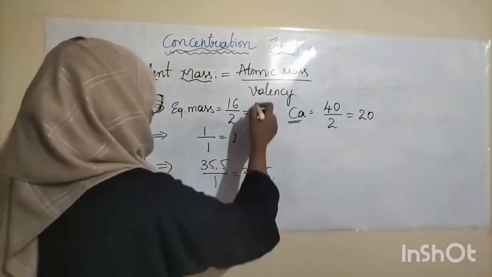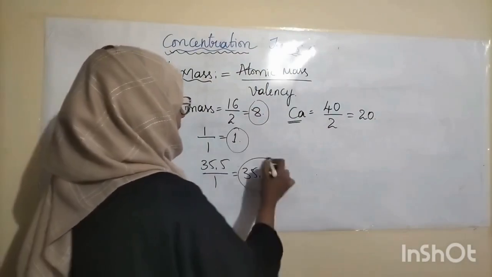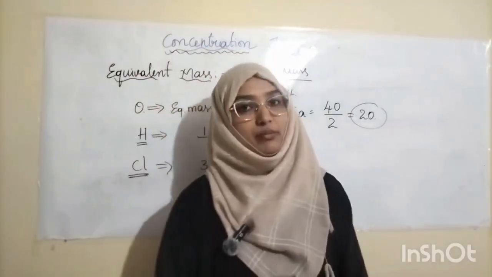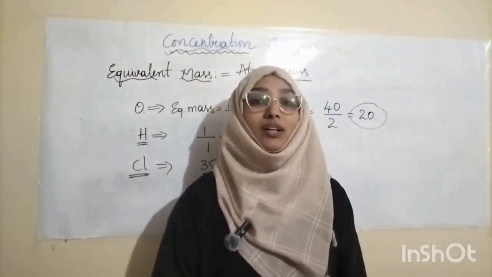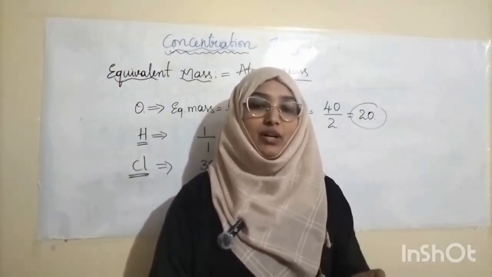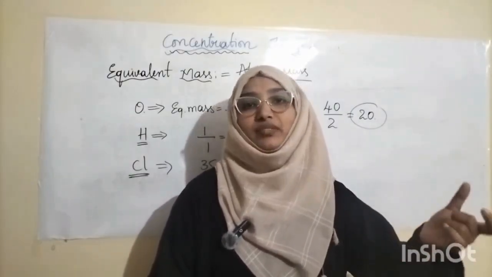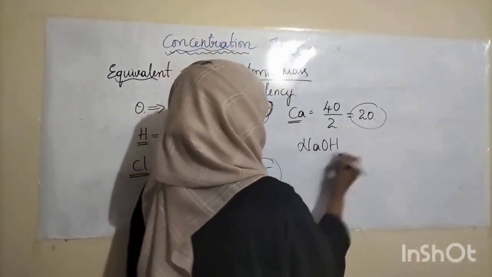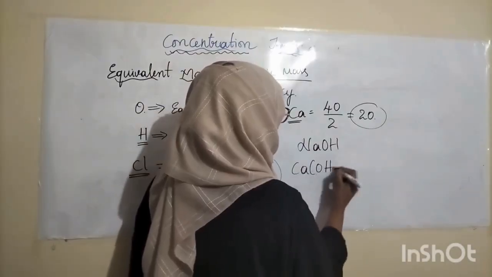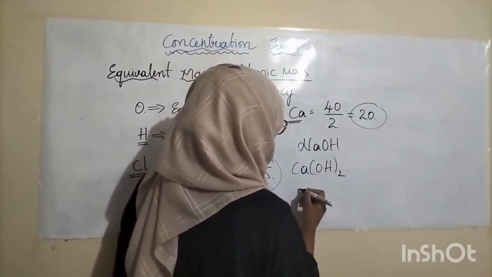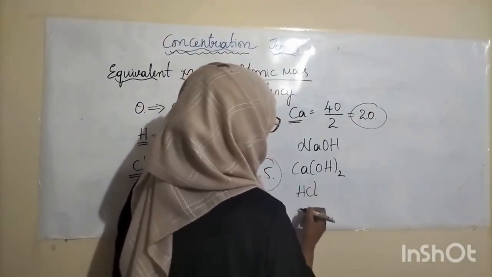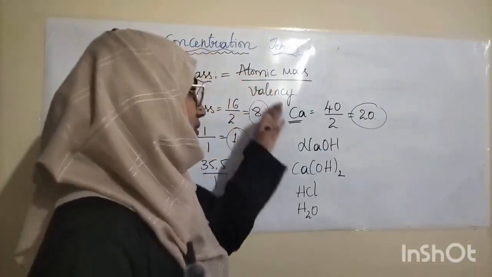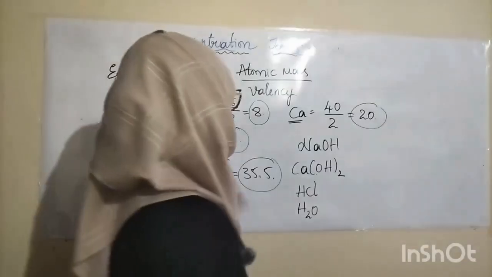So these are different equivalent masses. Okay, ma'am, we understood equivalent mass with respect to elements. But what about when this comes up with a salt or any of the compounds like NaOH, Ca(OH)2, or HCl, or let's take H2O. So what are the equivalent masses for all these things here?